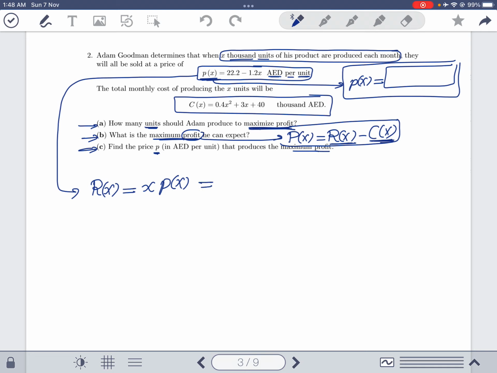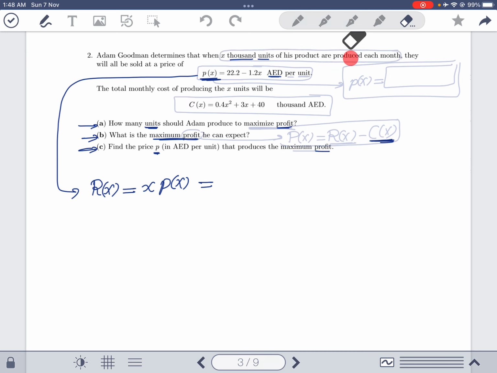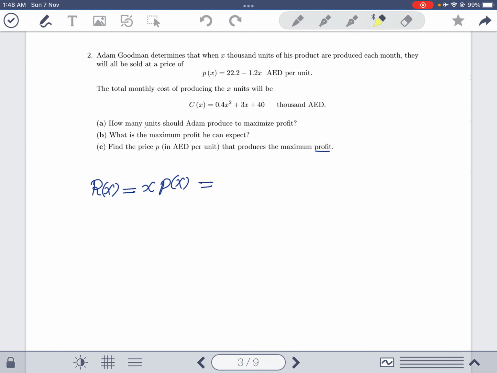So now, how about I take all of this away so we can focus better and focus on each one at a time. So now I'm focusing on p of X. So X times p of X is X times 22.2 minus 1.2x.